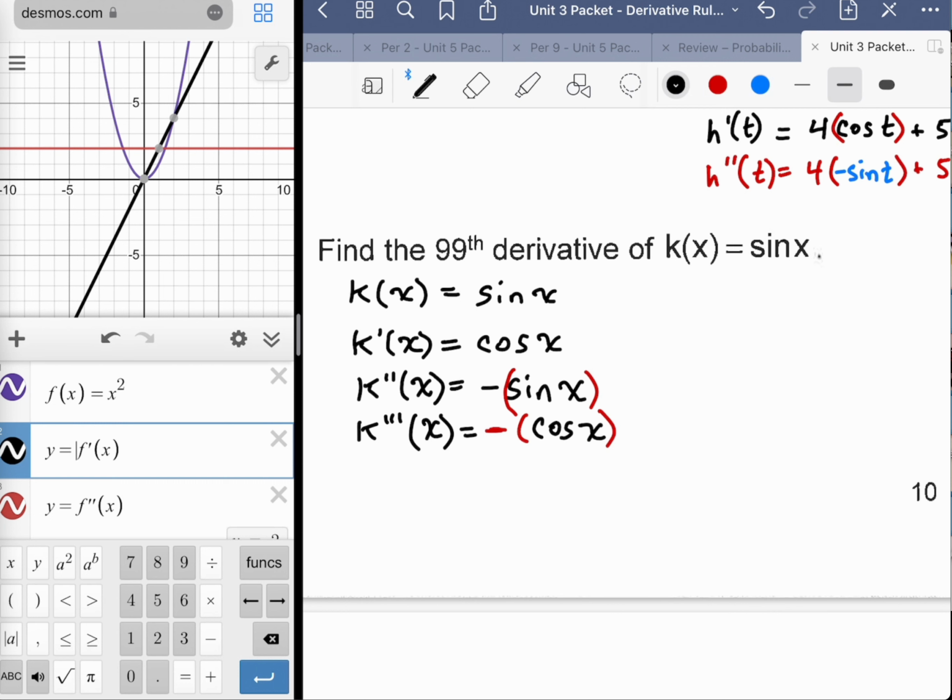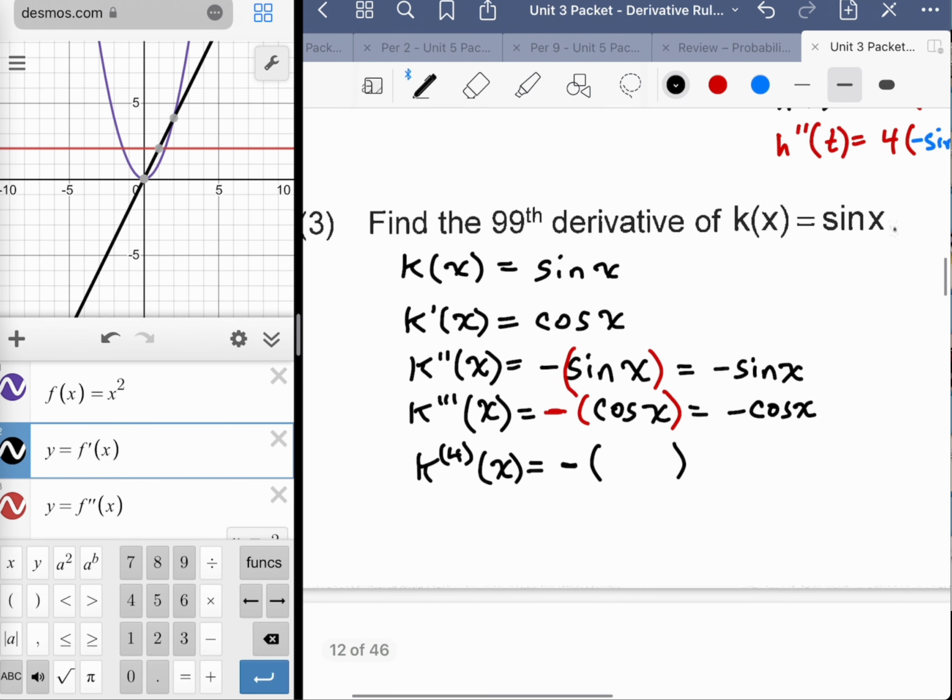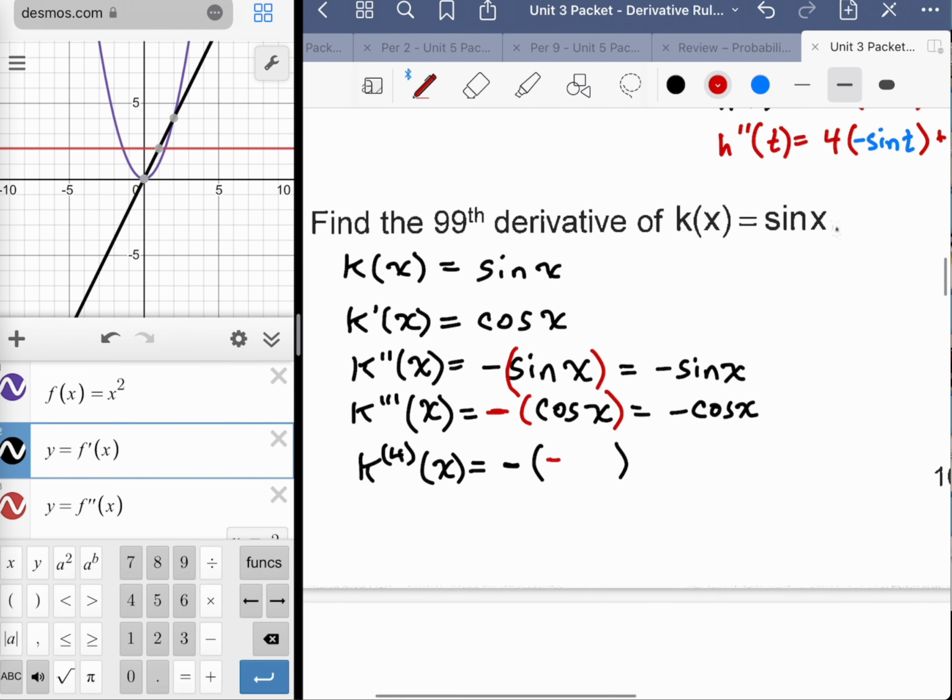We could write the simplified forms here if we want, but there's not really much to simplify. It's just removing parentheses. The fourth derivative: again, we bring the negative along for the ride. Derivative of cosine is negative sine. Now that's the same as saying sine of x.